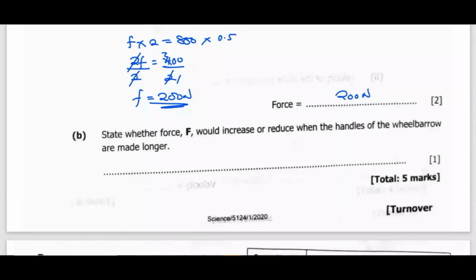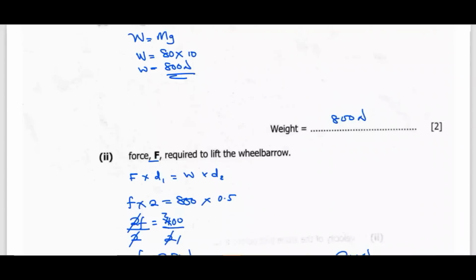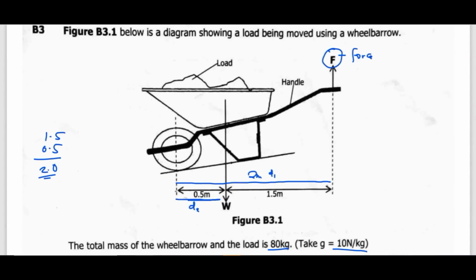So we can move on. State whether force F would increase or reduce when the handles of the wheelbarrow are made longer. So we want to know if the force would increase or reduce if we were to increase the handle of the wheelbarrow.